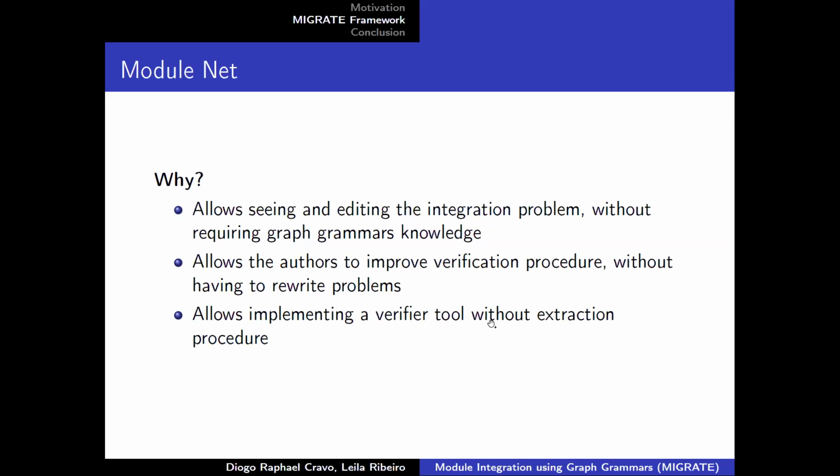Other reasons to create this module net formalism is that it allowed us to improve the verification procedure while I was developing it without having to rewrite our toy problems. And more importantly, we still don't have an extraction procedure, but we already have a prototype, and that's because of module nets.